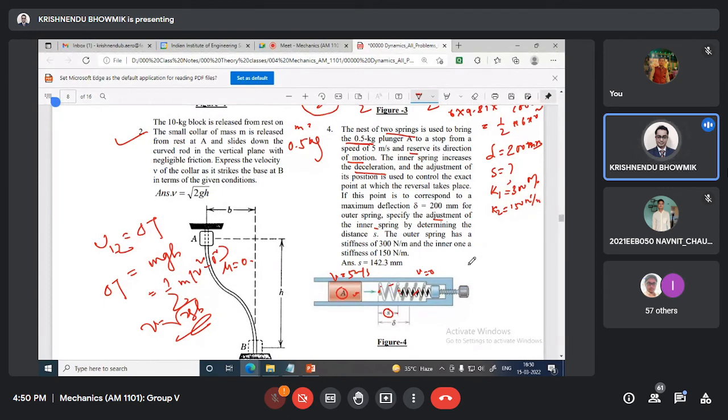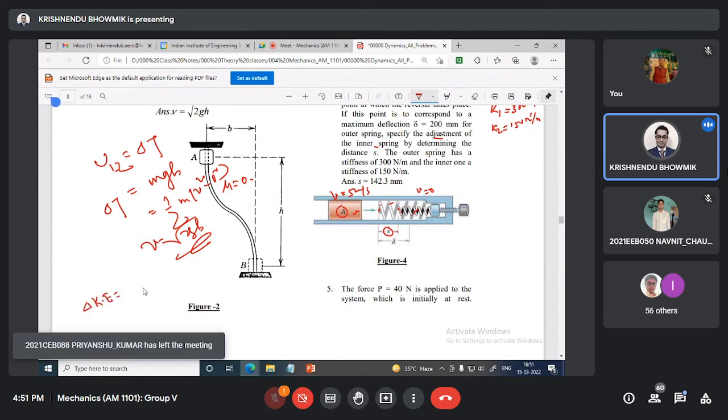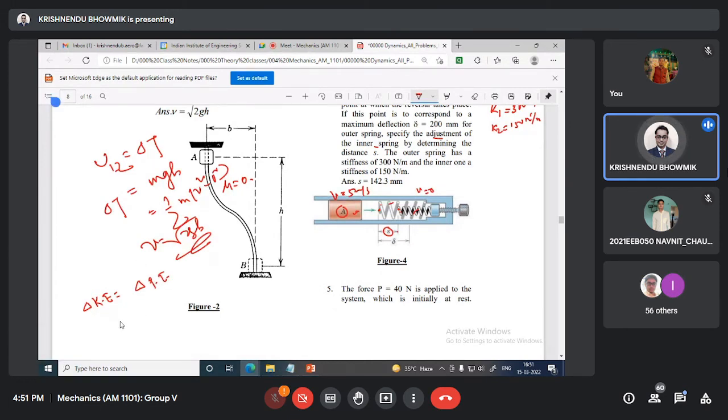Many ways this problem can be solved. One way: initially velocity was 5, finally it is 0. So change in kinetic energy equals change in potential energy. Change in kinetic energy is half m v square minus 0.